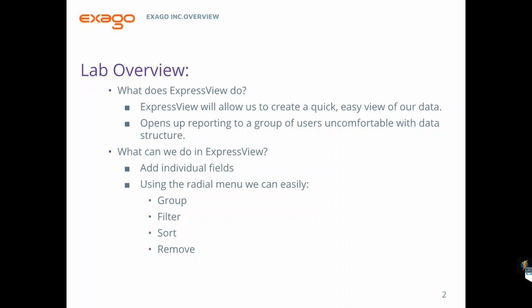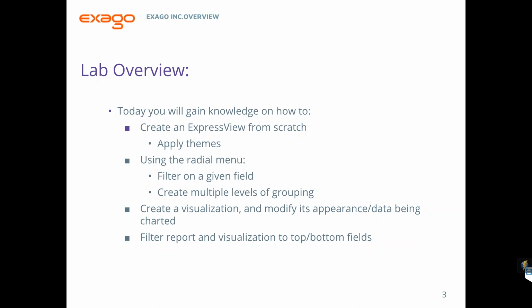I don't want to spend too long in this overview, but certainly to give you an understanding of what we're going to be touching on. And then using the Radial menu, which if you're not familiar, we'll get to in just a moment, you can easily group, filter, sort, or remove columns individually. Again, we'll really dive into that once we get into Exago here.